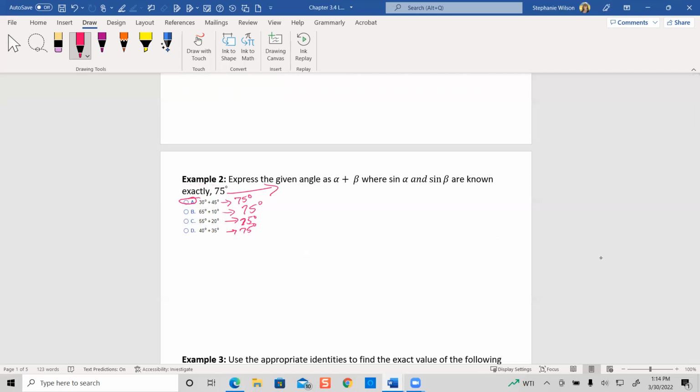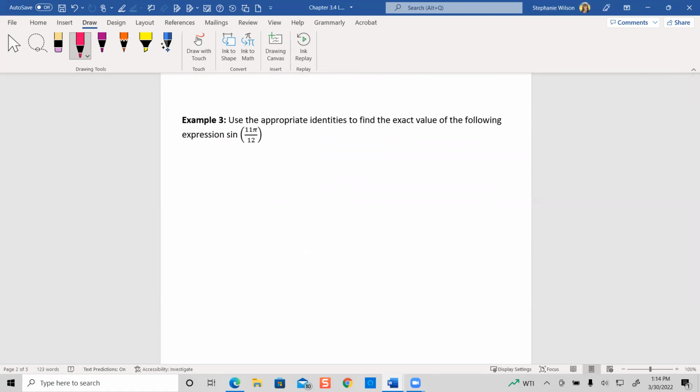That's another way to check to see which one's the best choice. Okay. And like I said, we plug in. So we picked A, so alpha was 30 degrees and beta is 45. So plug it in one of those formulas and check it out.